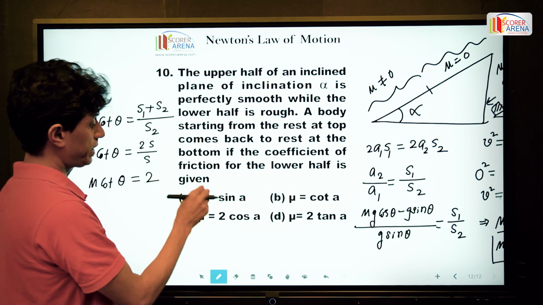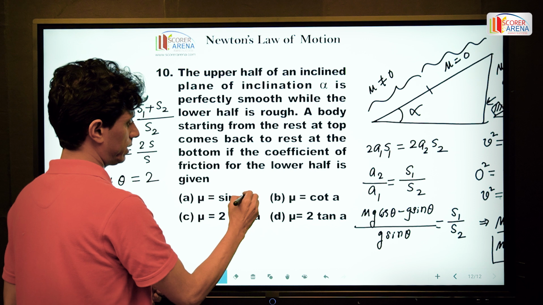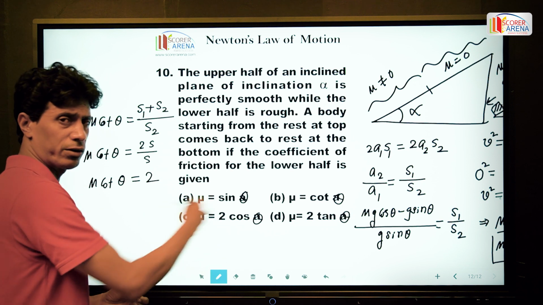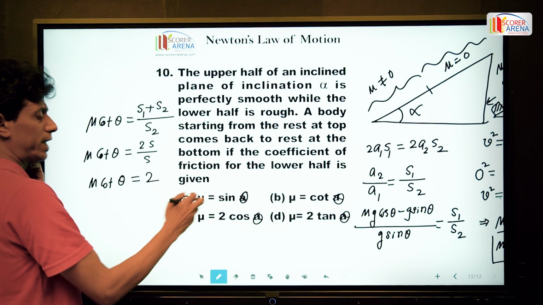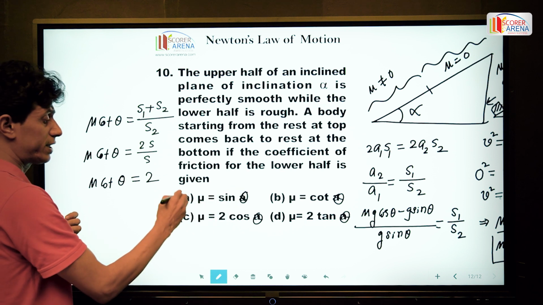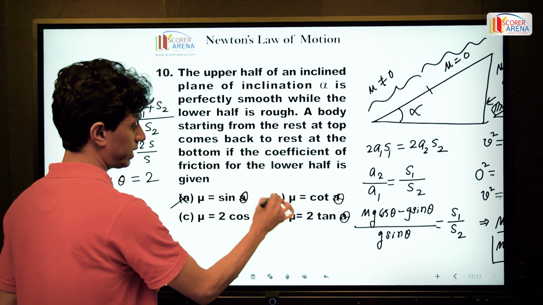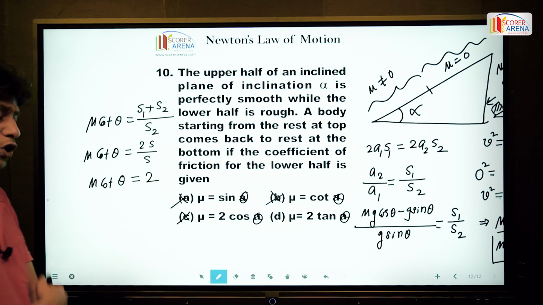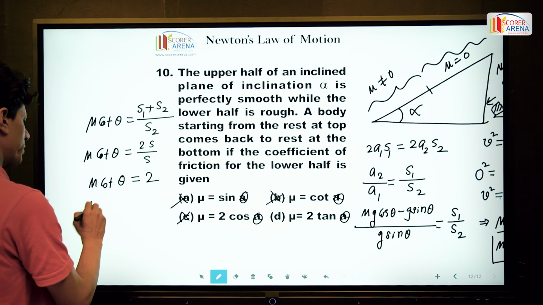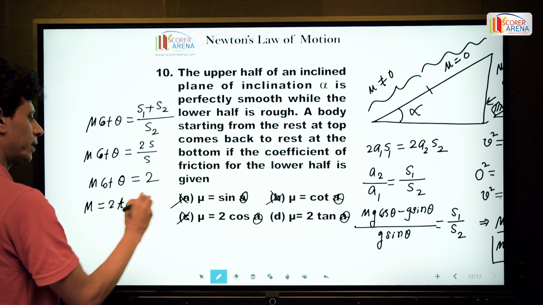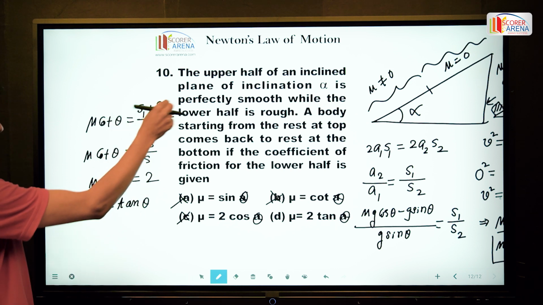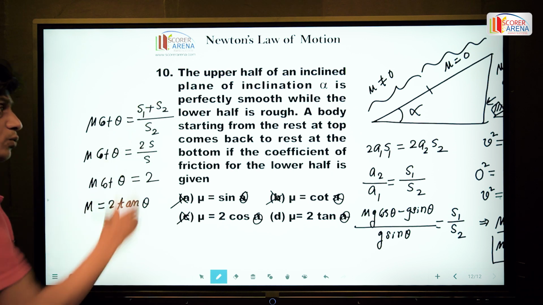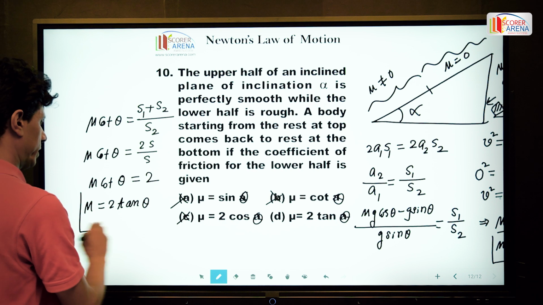Going through the options, mu equal to sine theta is not the correct option. B, mu equal to cot theta, is also not correct, and mu equal to 2 cos theta is also a wrong answer. So here we can say mu is equal to 2 tan theta. Just applying that half of the path is smooth and half is rough, it is 2s and s, a 1:1 ratio, so mu is equal to 2 tan theta.